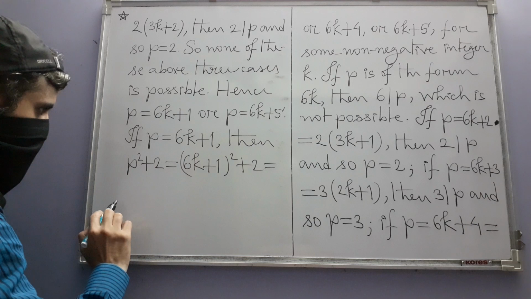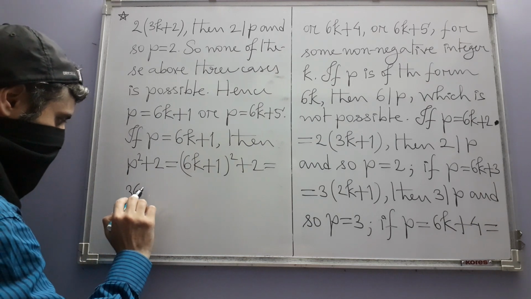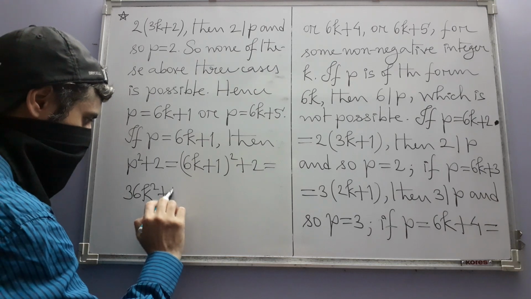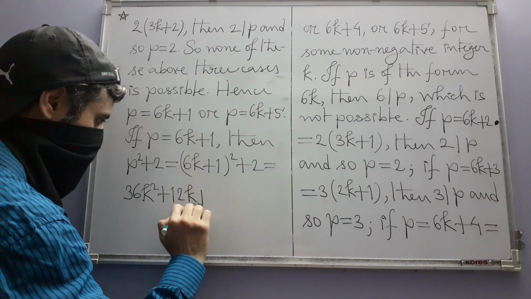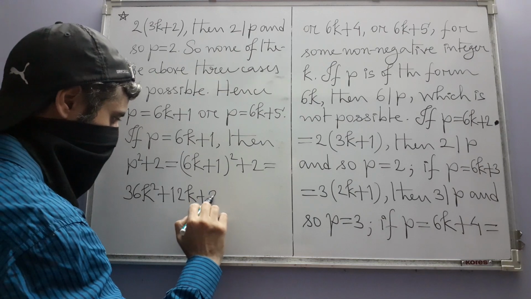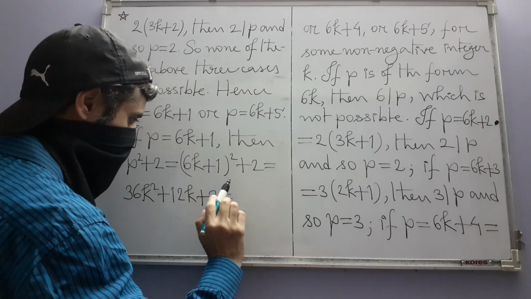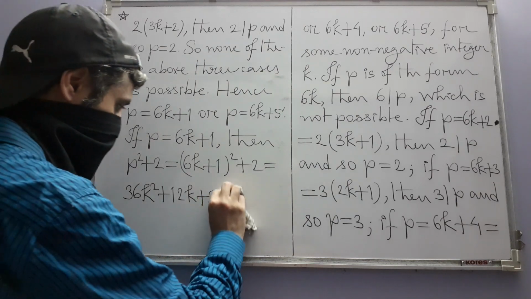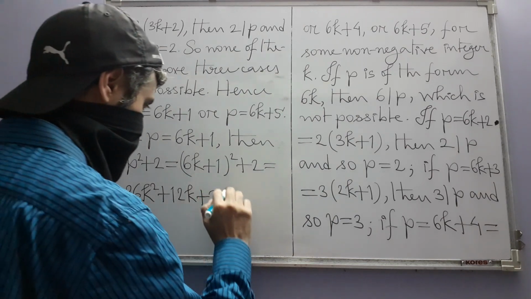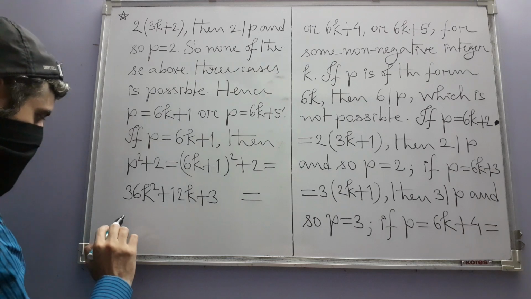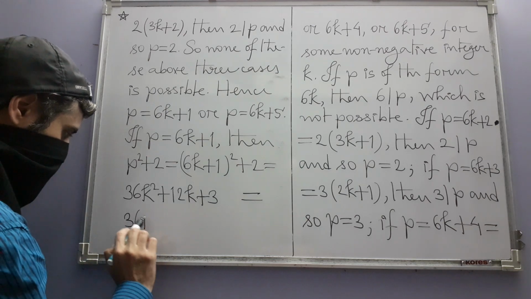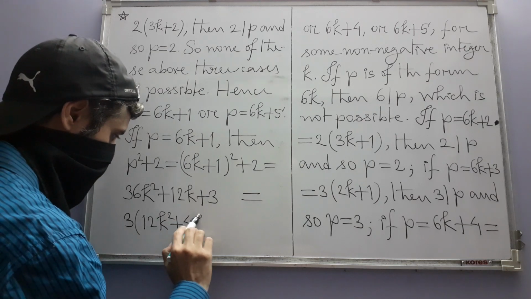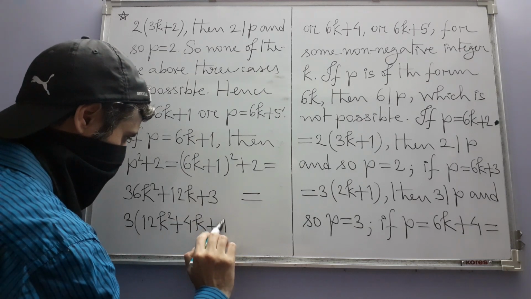Now if we expand the square, we would have 36k square plus 6 times 2 is 12k, plus 1 square plus 2, that means 3. And we can take 3 common out and have this: 12k square plus 4k plus 1.